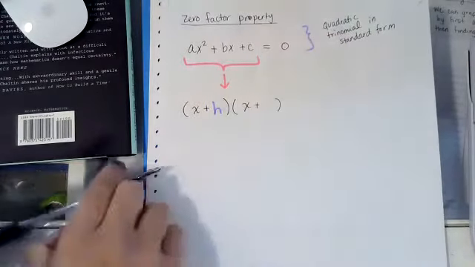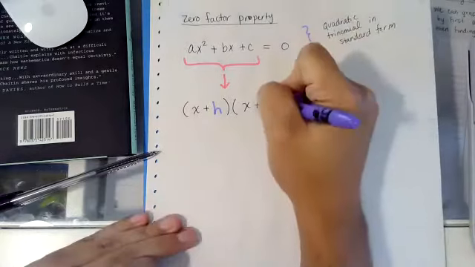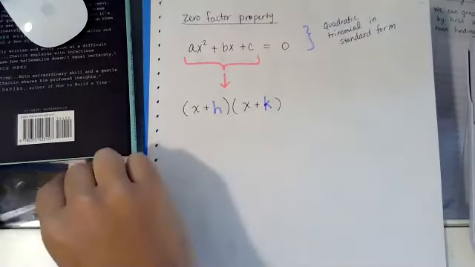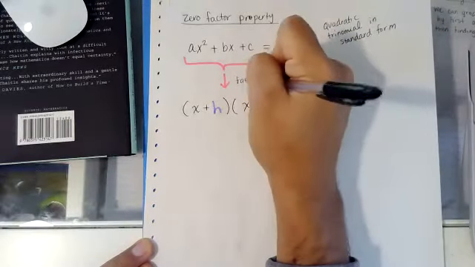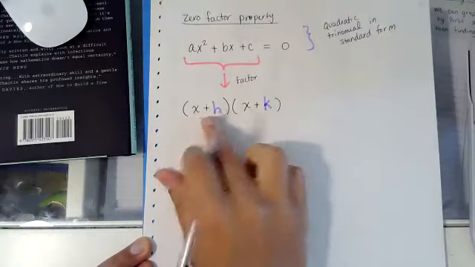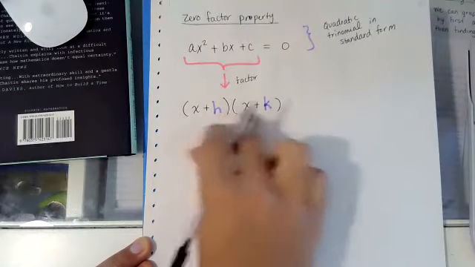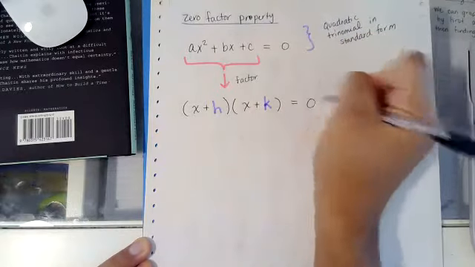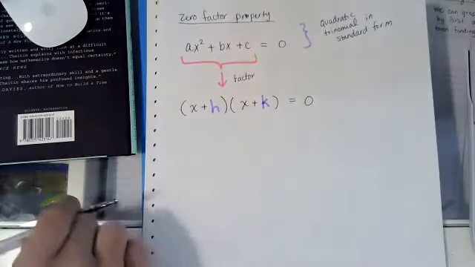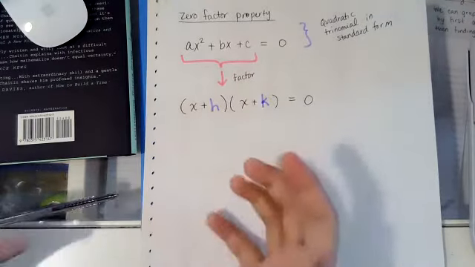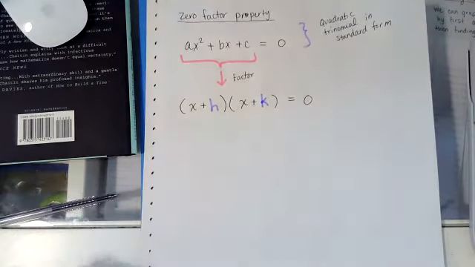And this one we can call x plus k. So if you can factor that quadratic trinomial into two factors, remember, these are being multiplied by each other and they give you this polynomial back. If these two factors are equal to 0, well, that's two factors being multiplied to give you 0.